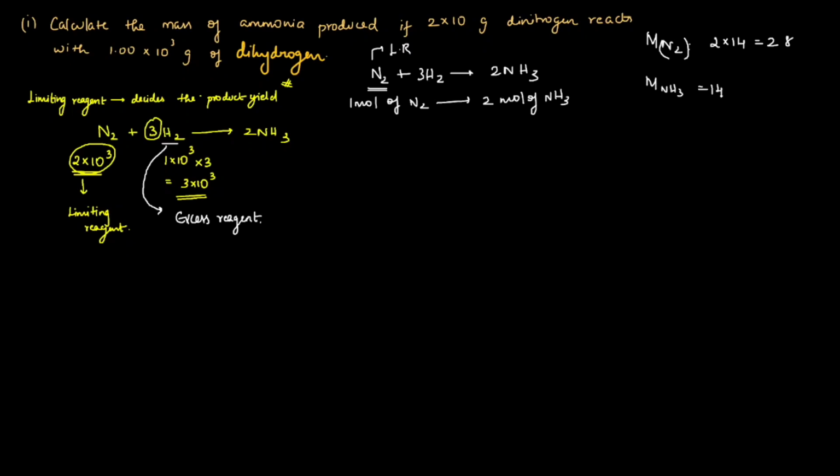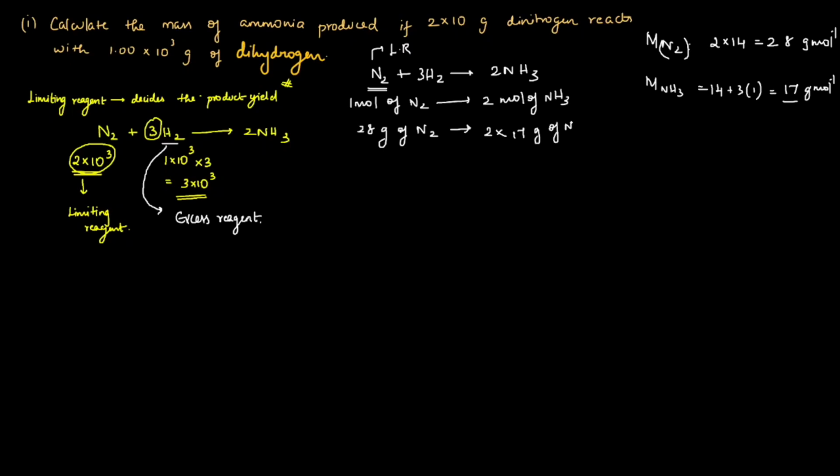In the same way, the molar mass of ammonia is 14 plus 3 into 1, which is 17 grams per mole. Substituting in this equation, 1 mole of nitrogen, 28 grams of nitrogen, gives 2 moles, so 2 into 17 grams.